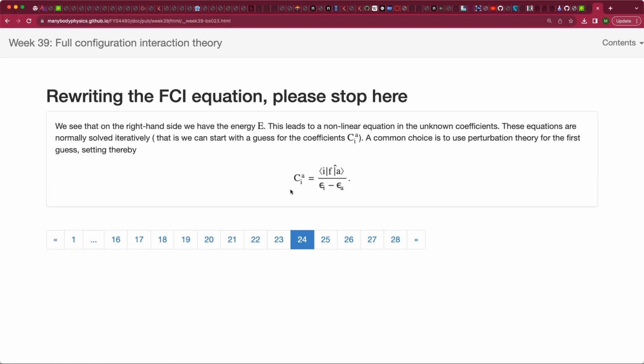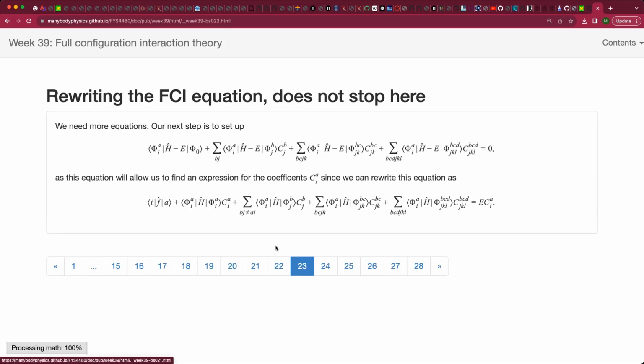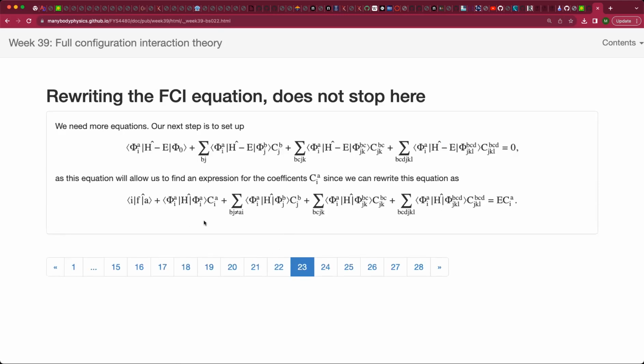The reason why I bring this up is that we will also discuss another many-body method, which is called coupled cluster theory. And in coupled cluster theory, one of the things we will be doing, for instance, for this equation here, is that we will keep the equation for one-particle, one-hole excitations and two-particle, two-hole excitations, and we will zero out all the other ones. So we will mainly be interested in a set of particle-hole excitations.